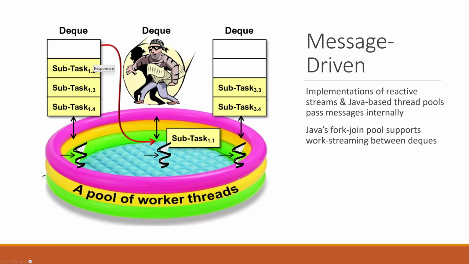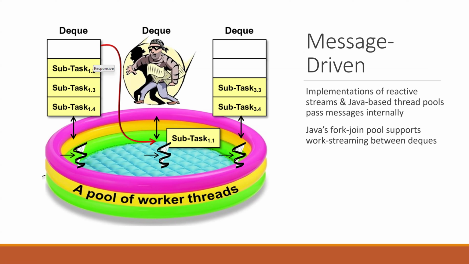Okay, last one here is message driven. So even though you guys aren't going to see it when you're programming, underneath the covers, Reactive Streams is using message passing internally between the thread pools that are there, right?